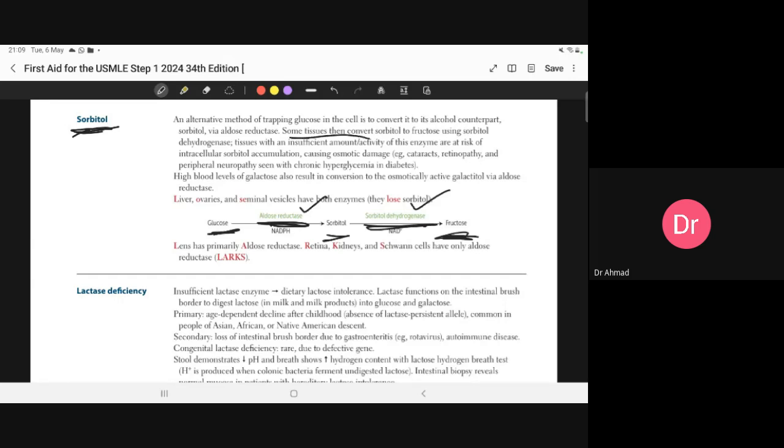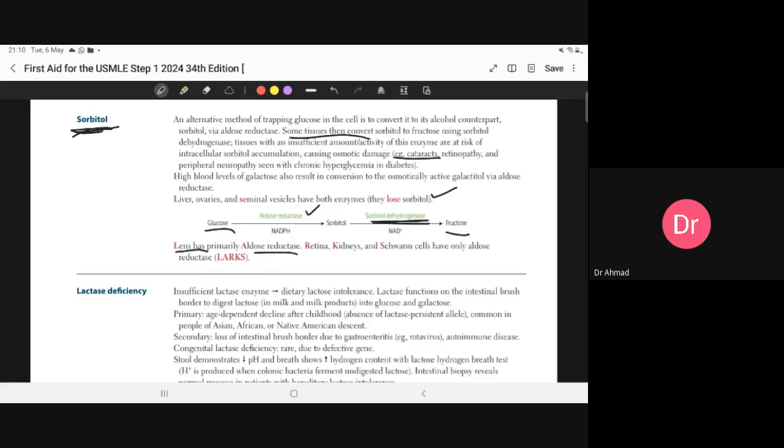Some tissues then convert it. I told you this whole thing. You should remember your liver, ovaries and seminal vesicles have both enzymes. It means they can use your glucose and convert it into fructose, and ultimately this goes into your glycolysis pathway. Okay, it's your lens that only has aldose reductase but does not have sorbitol dehydrogenase.